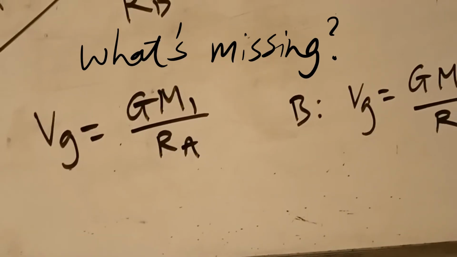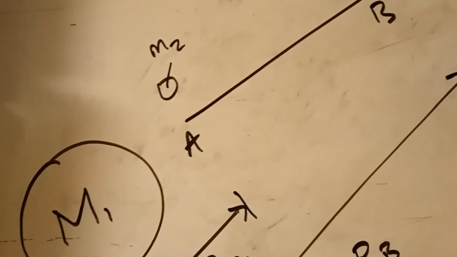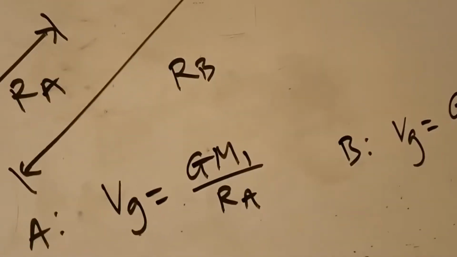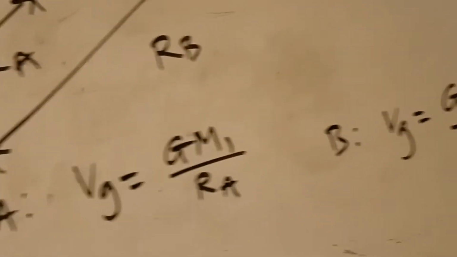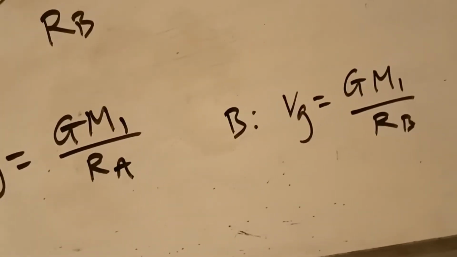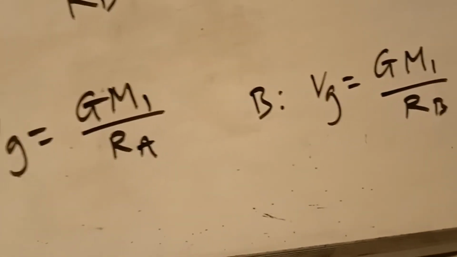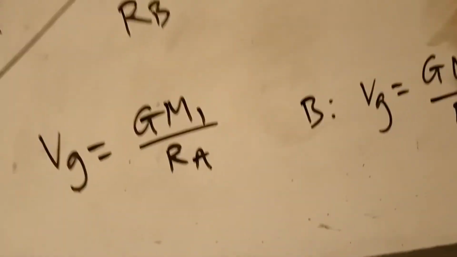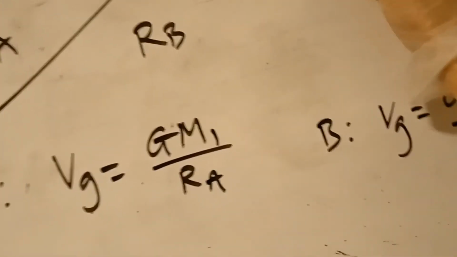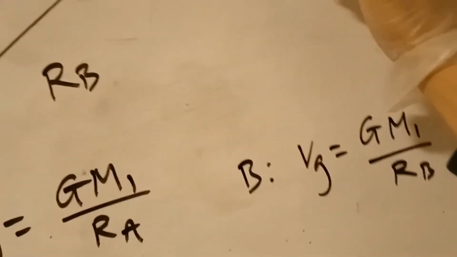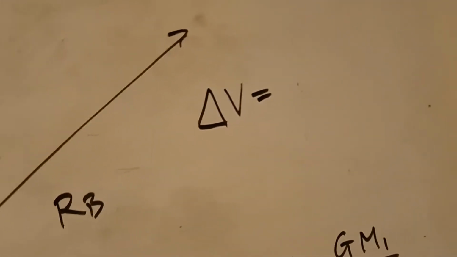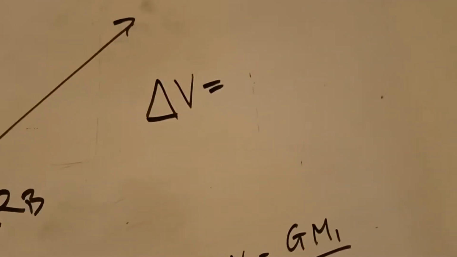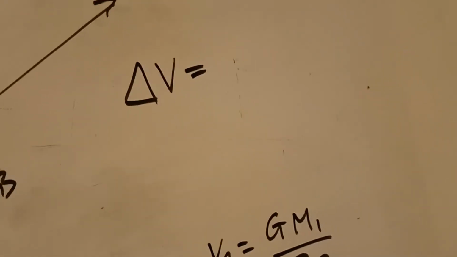Now, let's say you're moving the mass m2. Because you're moving between two different potentials at two different distances, the change in potential will be one take away the other.